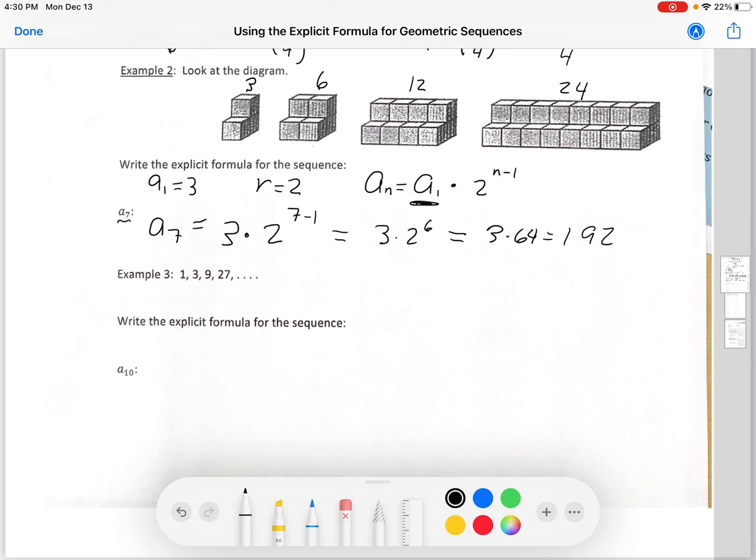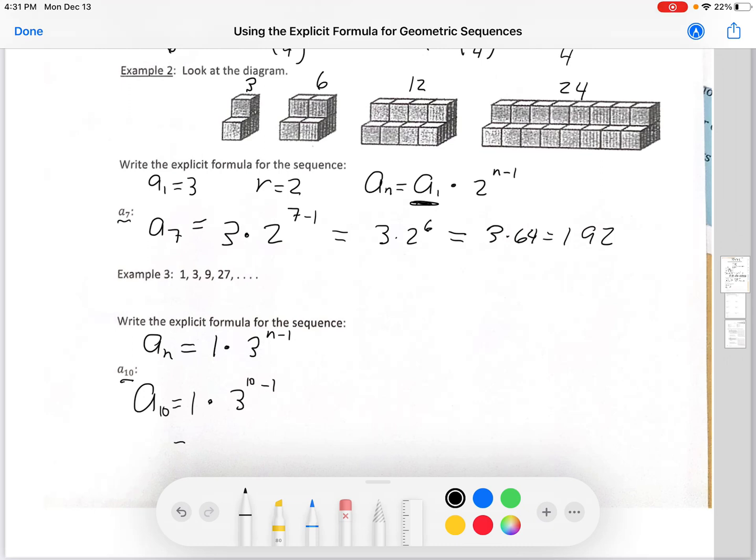We'll keep going. 1, 3, 9, 27. The explicit formula for this will be a sub n is going to equal our first term, which is 1, times, well, how do you go from 1 to 3? You have to multiply by 3 to the n minus 1. So let's go down. We're going to get a sub n is equal to 1 times 3 to the n minus 1. And it wants us to find term 10 in this case. So let's replace our n's with 10.